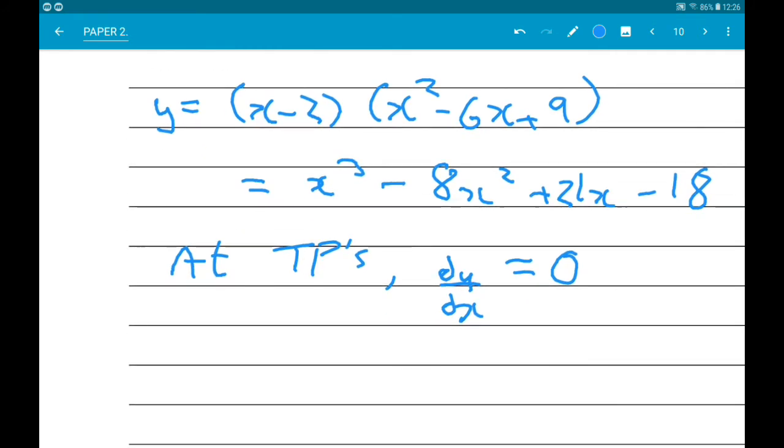So dy by dx is 3x squared minus 16x plus 21. Okay, now we're going to set that equal to 0 and solve.